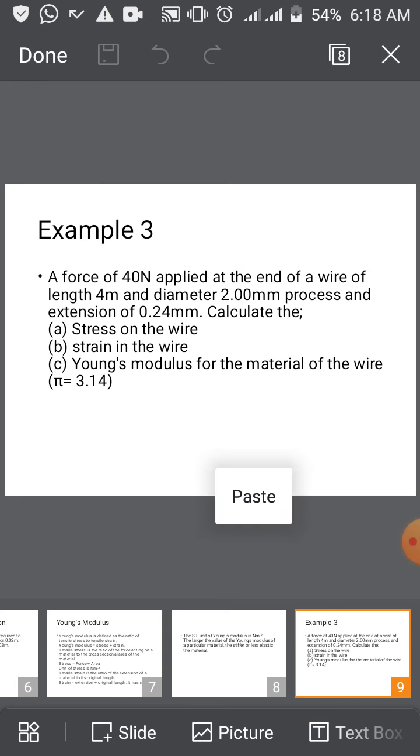Calculate the A. Stress on the wire, B. Strain in the wire, C. Young's modulus for the material of the wire. Take pi to be equal to 3.14.